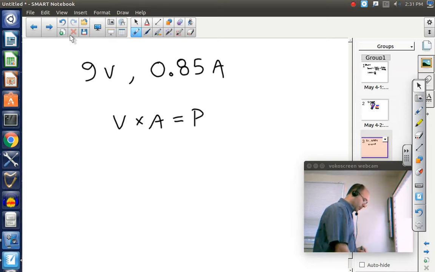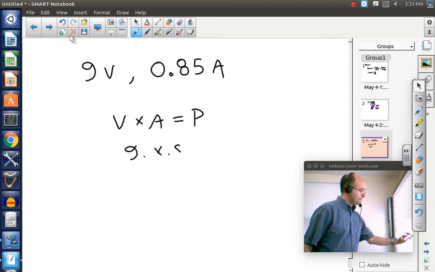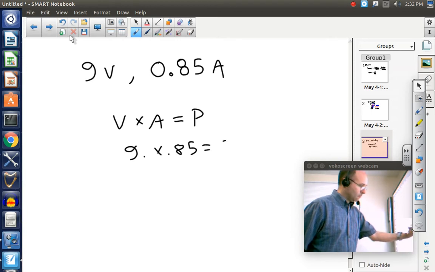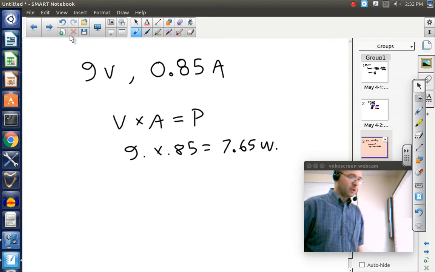So if I multiply 9 volts times 0.85 amps, I get 7.65 watts of power, I should say.